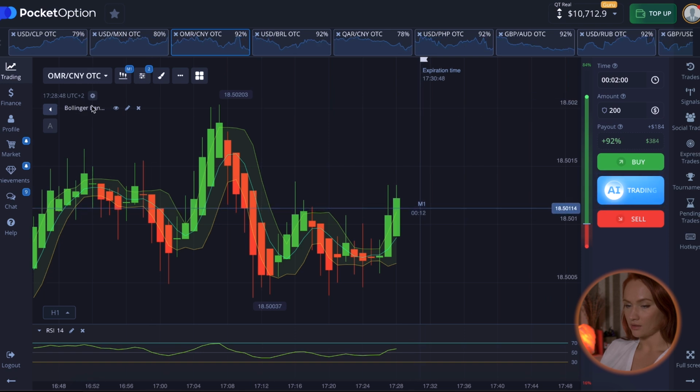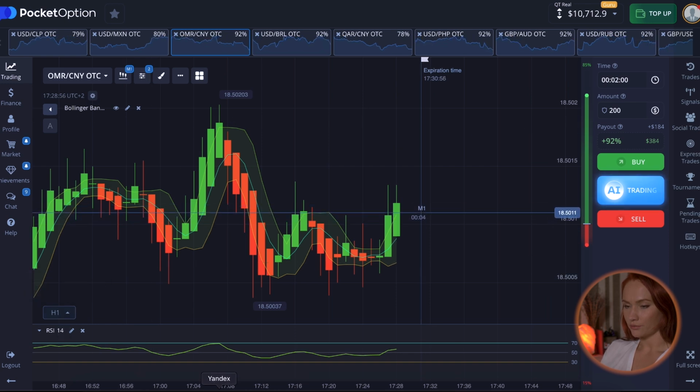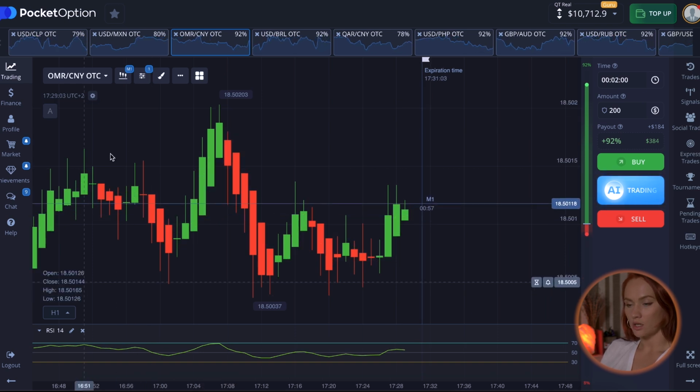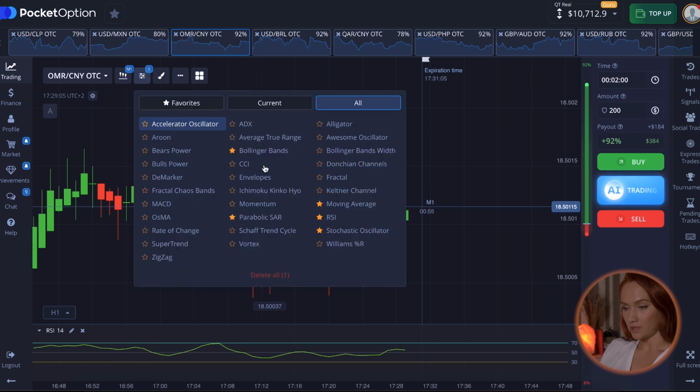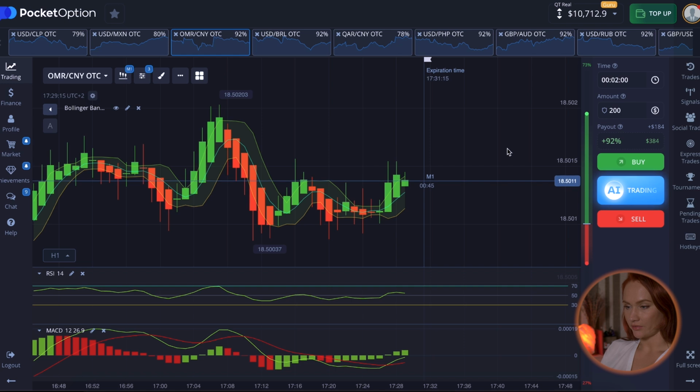I set the three indicators. RSI, MACD, and Bollinger Bands. Yes, everything is in place.